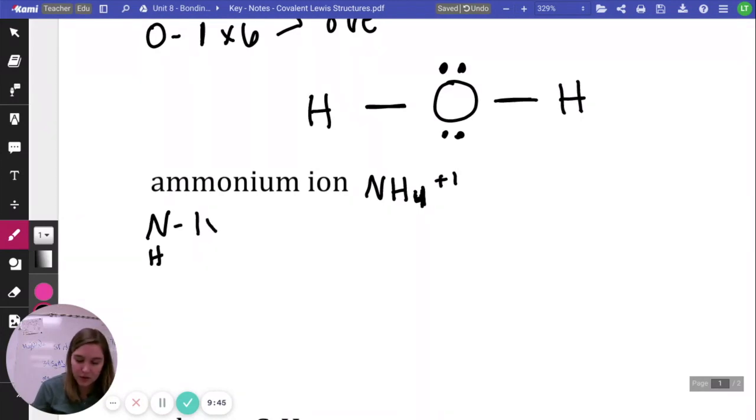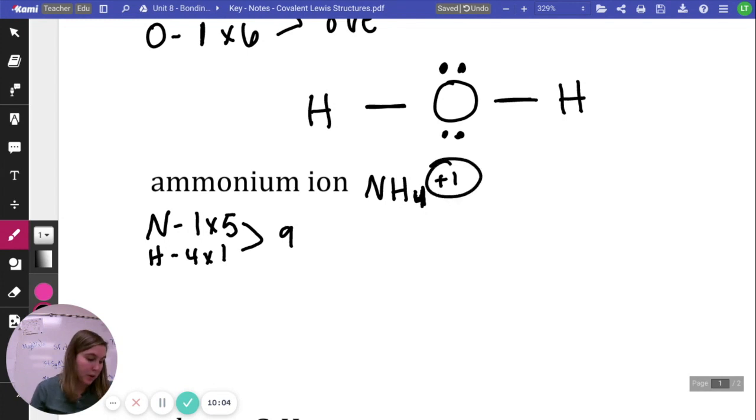I have 1 nitrogen, and it has 5 valence electrons because nitrogen is in group 15. And I have 4 hydrogens, and each hydrogen has 1 valence electron because it is in group 1. So I'm going to add those together, and that gives me 9 electrons. But I have this positive 1 charge, so that means I've lost 1 electron. So I'm going to subtract 1, giving me a total of 8 valence electrons to work with.